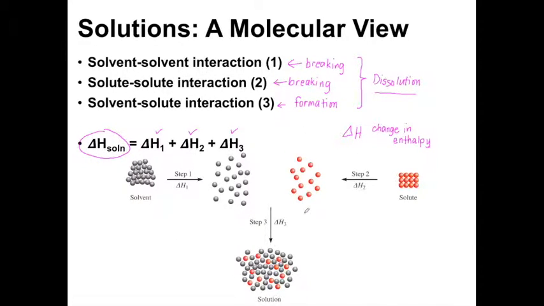So what you need to remember is that when you are breaking any interaction, the sign of delta H is negative. So for our step 1, delta H is negative. For step 2, delta H is also negative. And for step 3, since instead of breaking interactions, we are forming interactions, the sign of delta H is positive. Now the values or the magnitudes of this delta H tells us about the strength of the interaction.